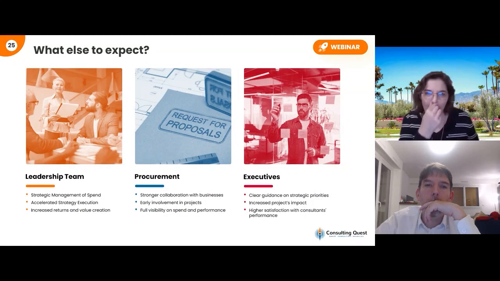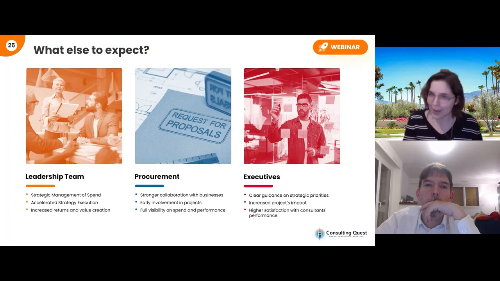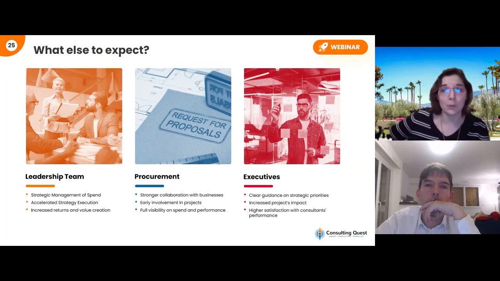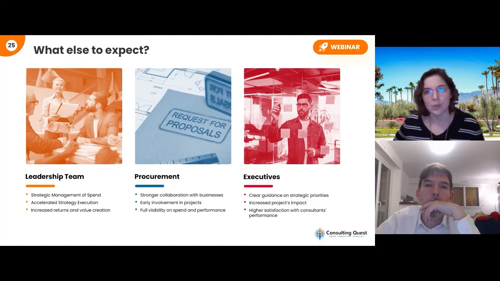And you have also procurement that is involved earlier in the project, that has more visibility on what's happening and can really bring value, not only on the transactional part of procurement for consulting, which is most of the time negotiation, but also on the early stages.